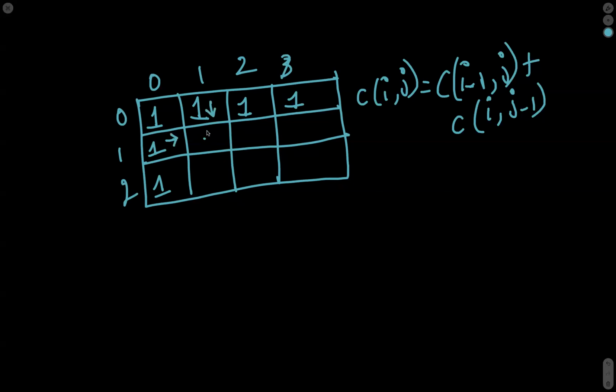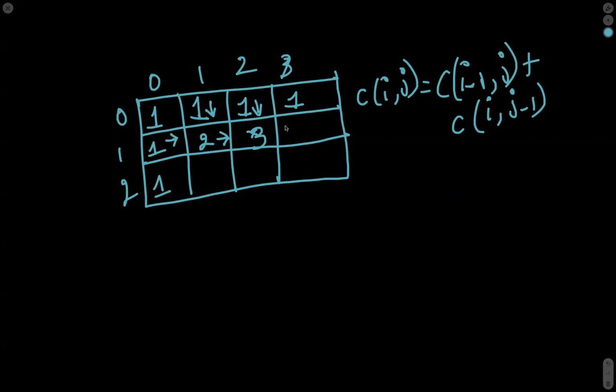To reach this cell as my destination, the total number of paths would be the sum of all the paths reaching the top cell and the left cell, so 1 plus 1, 2. In the same way, to reach this cell, it would be 2 plus 1, that is 3.